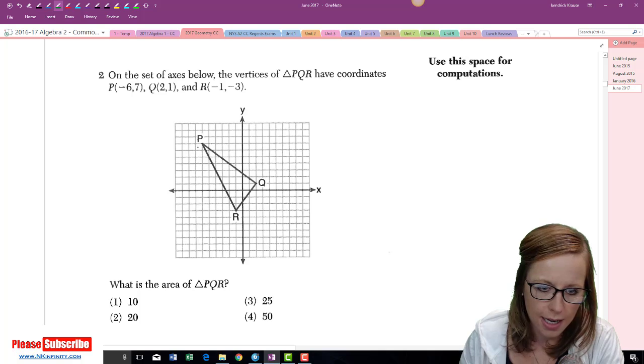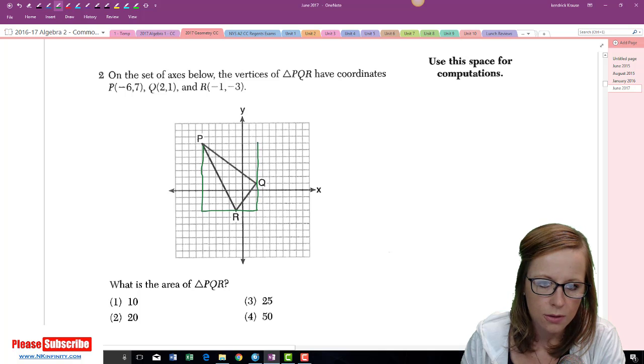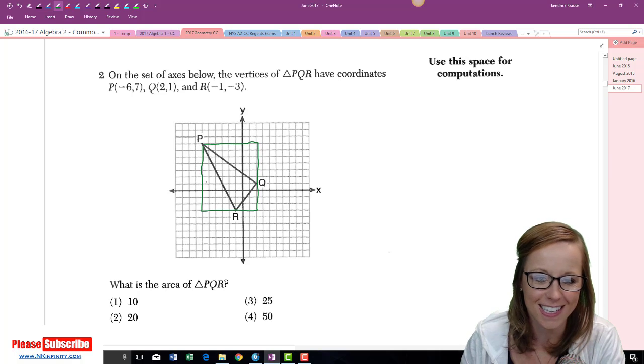I just created a rectangle around this, so I drew a straight line here and here and then up here. So I'm doing this using very straight lines.